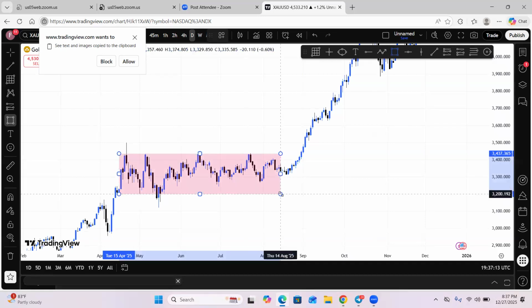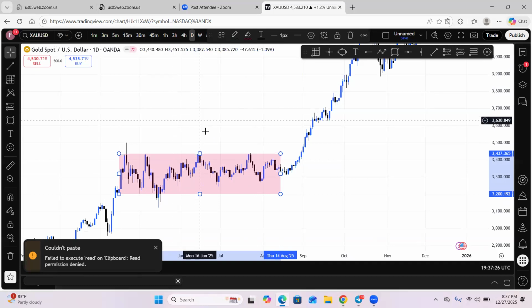What is happening there? What are you seeing? People should be replying fast. It was inside this rectangle. What is the market doing here? What's price doing here? What are you seeing?